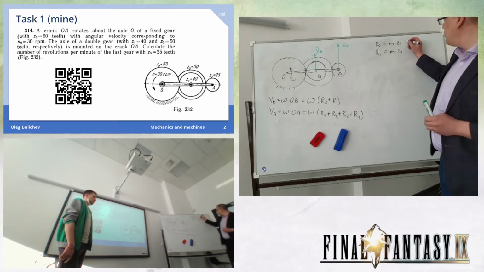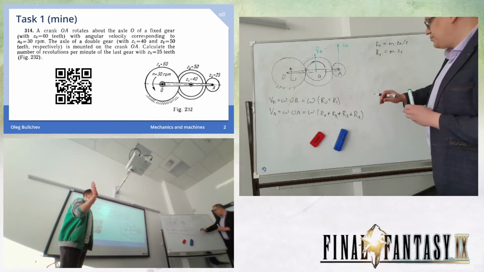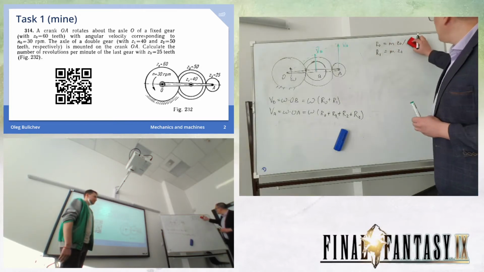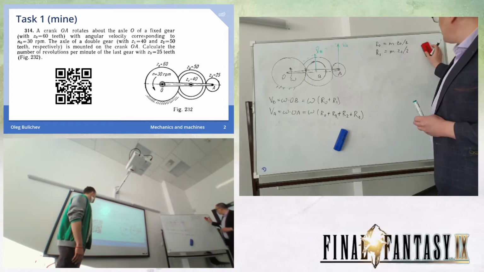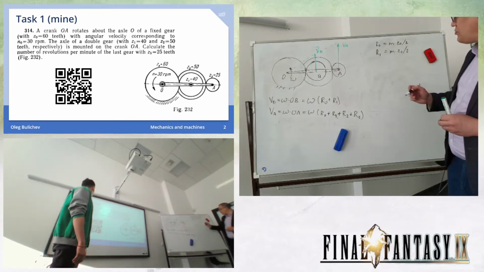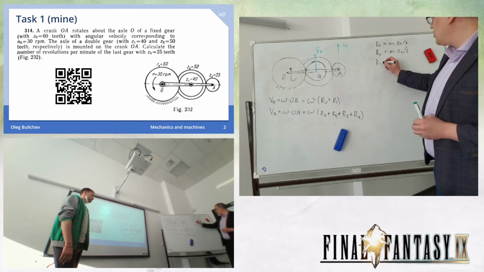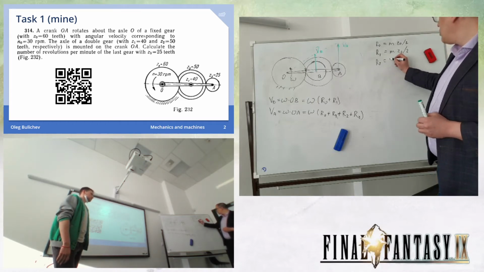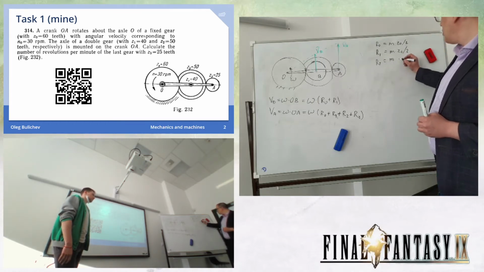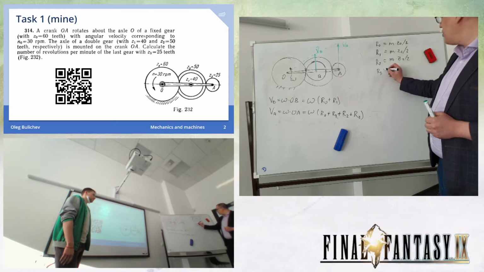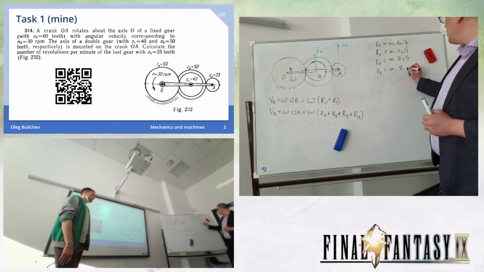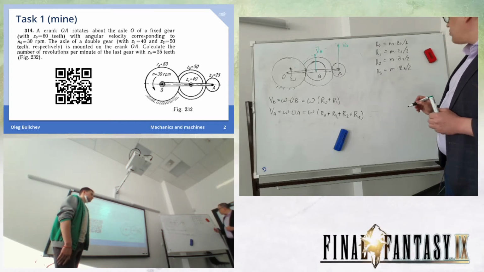Actually, the module is constant, so we can drop it. So R0 is multiplied by Z0, divided by 2, and R2 must be Z2 divided by 2, R3 must be Z3 divided by 2.